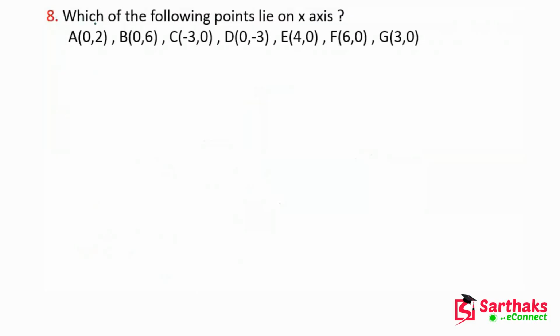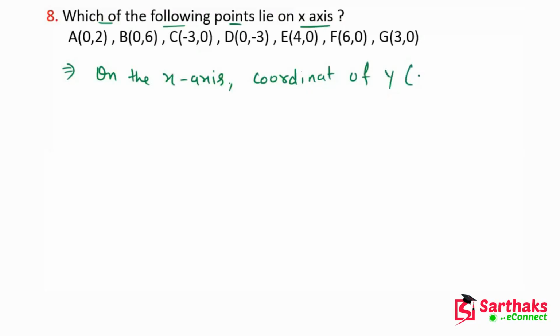Now, which of the following points lie on the x-axis? We know that on the x-axis, the y coordinate, or ordinate, is 0.